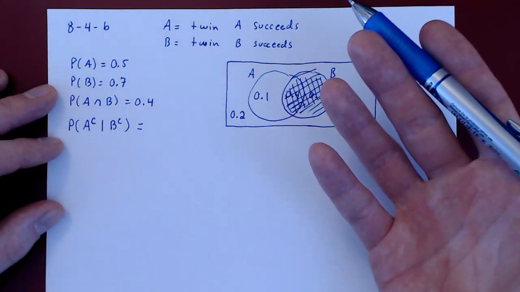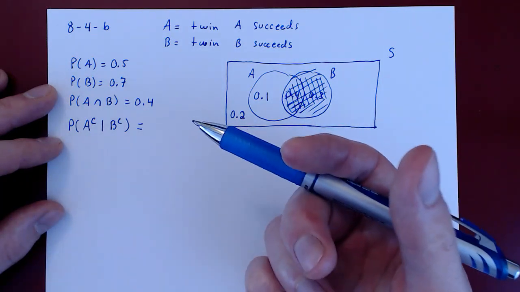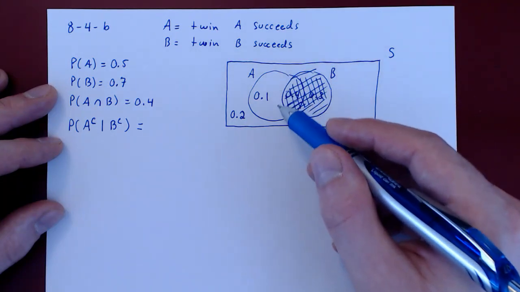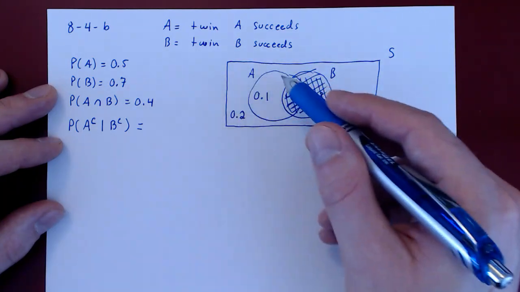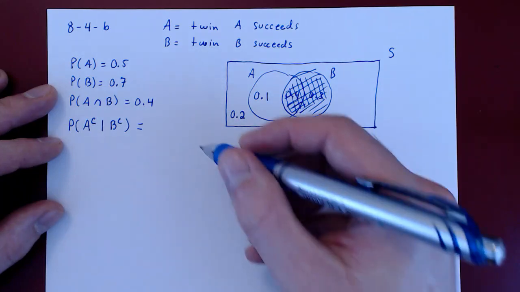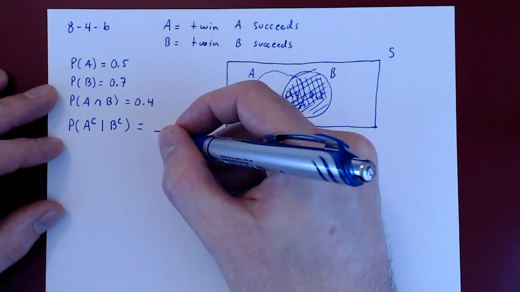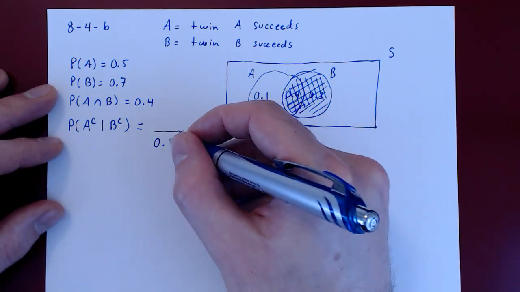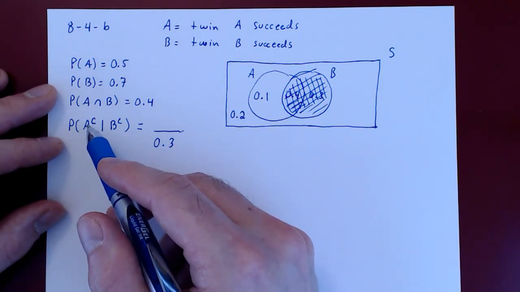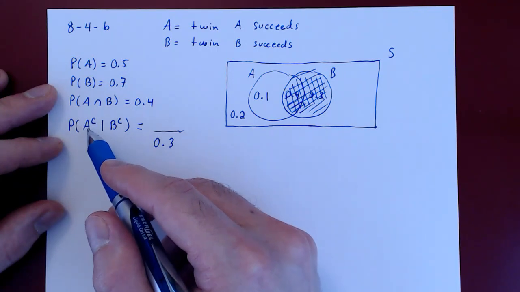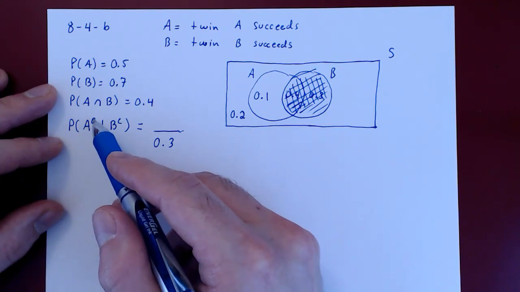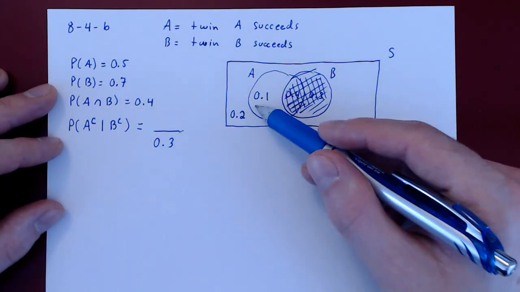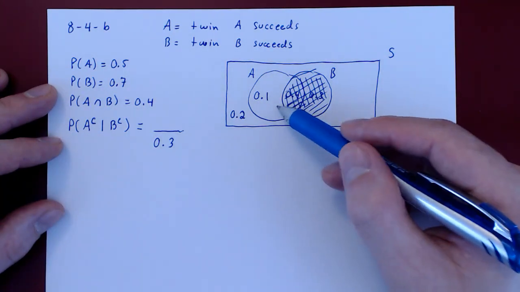And again, a probability is nothing more than a proportion. So out of the total probability area of the new smaller sample space, which is 0.2 plus 0.1, so out of a total probability for the new sample space of 0.3, we are asking for the probability of the event A complement, which means not A, everything except for A. So if you remove A, what are you left with?